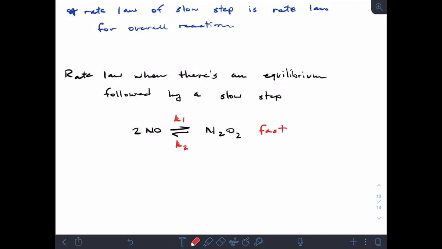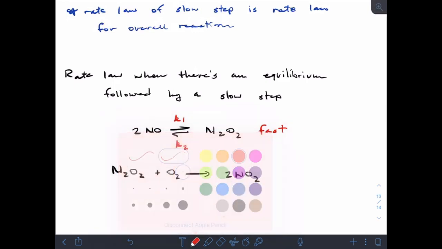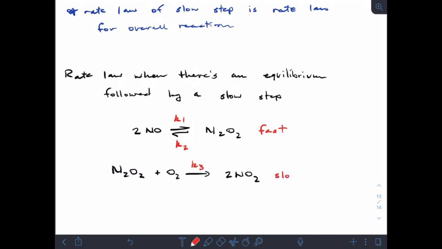Then we also have a second reaction, which is N2O2 plus O2 gives us 2NO2. This one will have just a forward step with a value of K3, and this is the slow step.